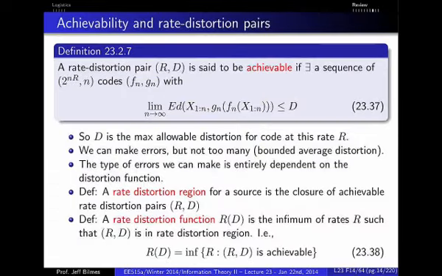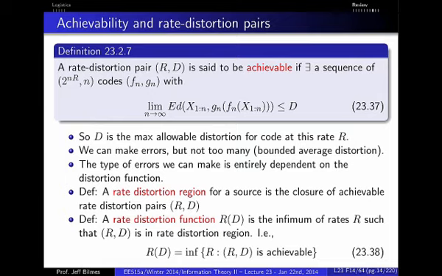And then we can say a code is achievable, or a rate distortion pair is achievable. That means there exists a sequence of such codes. Remember, it's a sequence in n, just like we've been doing. So when n gets big enough, we can make the expected distortion as close as we want to the given distortion.